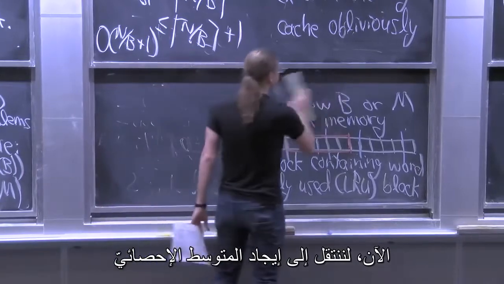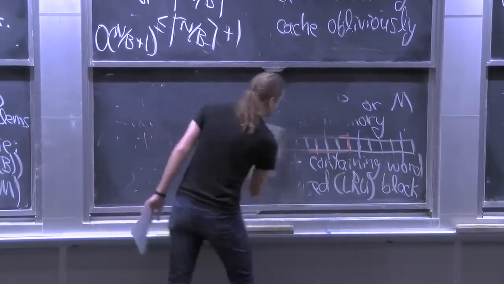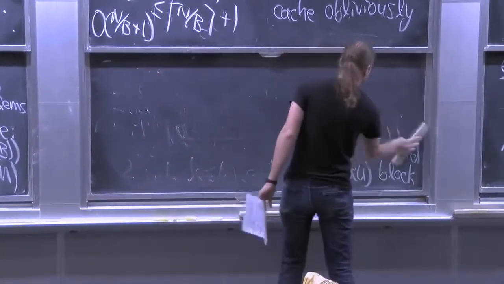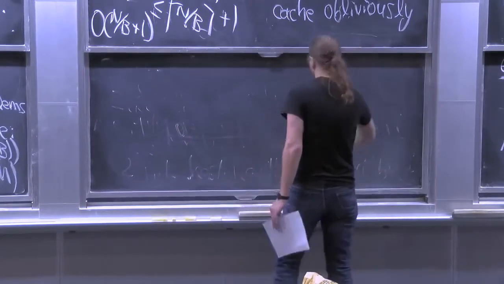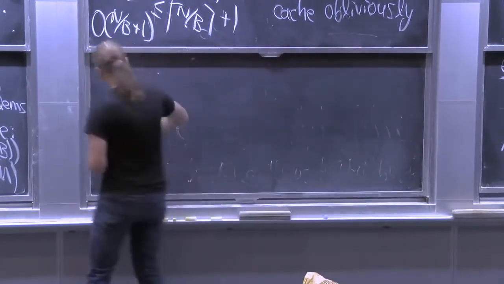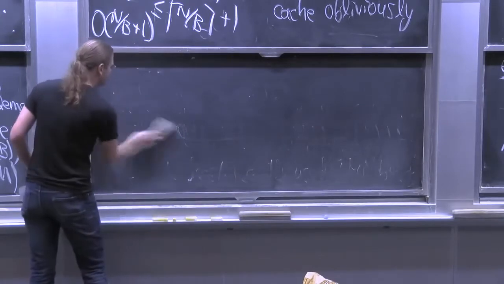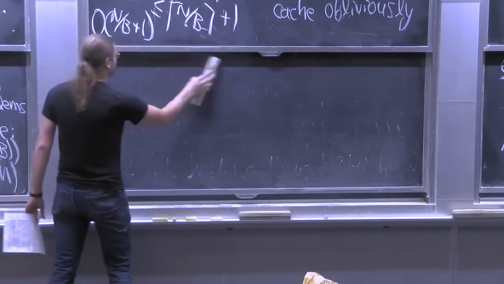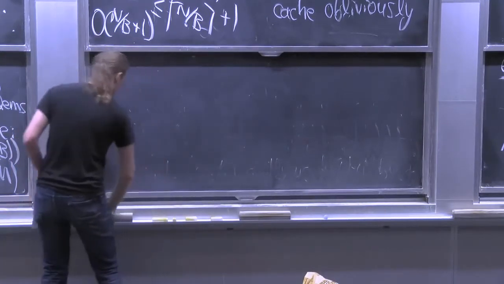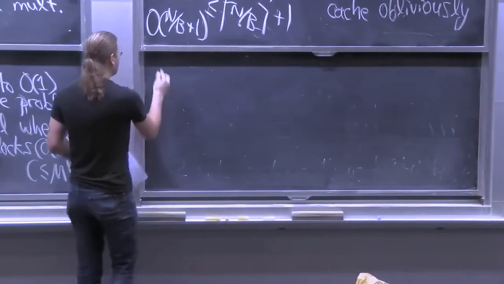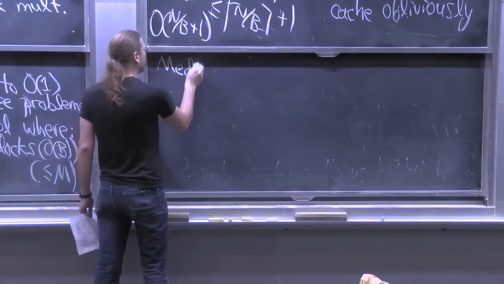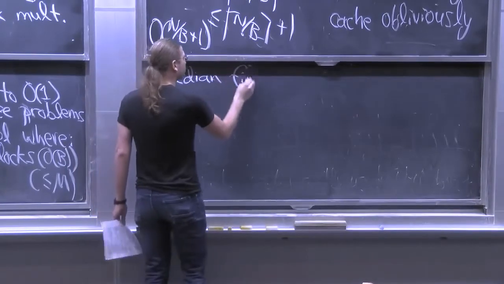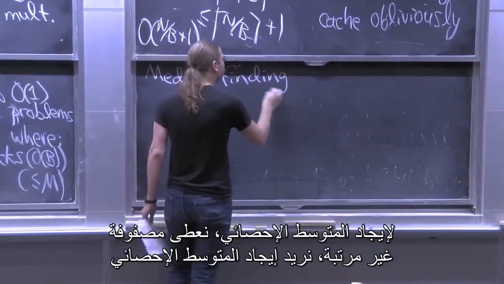So now let's go to median finding. Median finding, you're given an unsorted array.